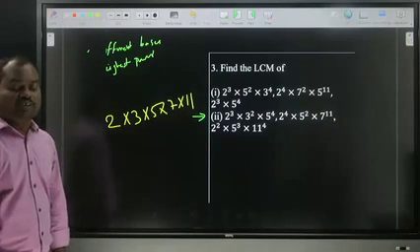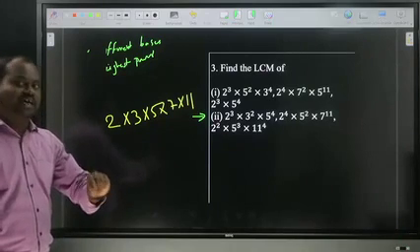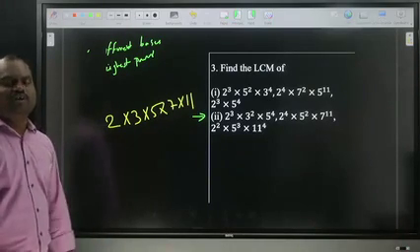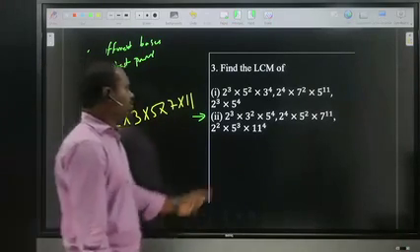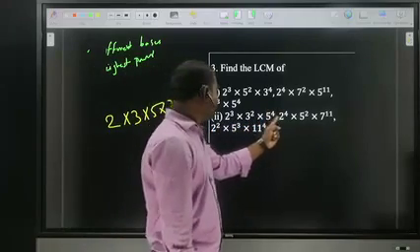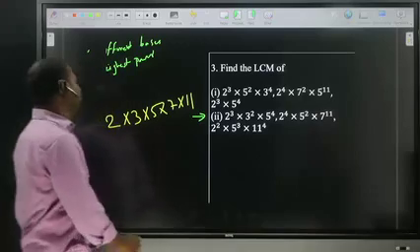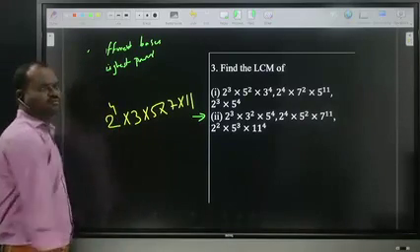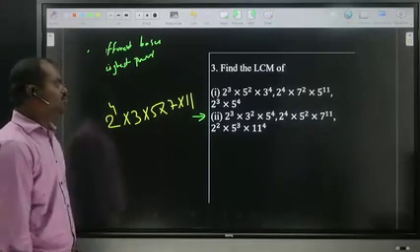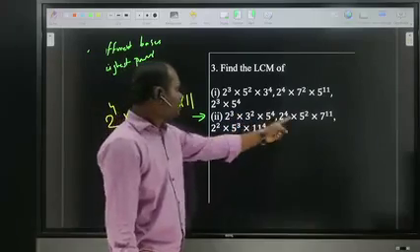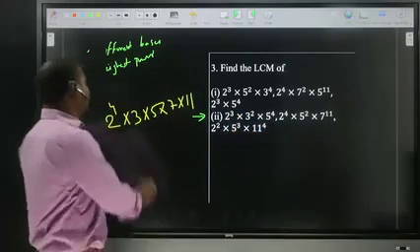With which powers? The highest power. For 2, what is the highest power? Here 3, here 4, here 2. The highest is 4. For 3, here 2, here not there, here not there. So the highest power is 2.